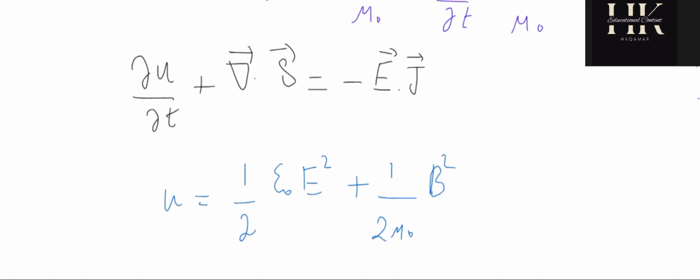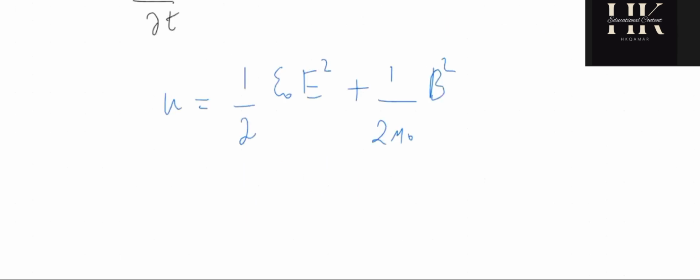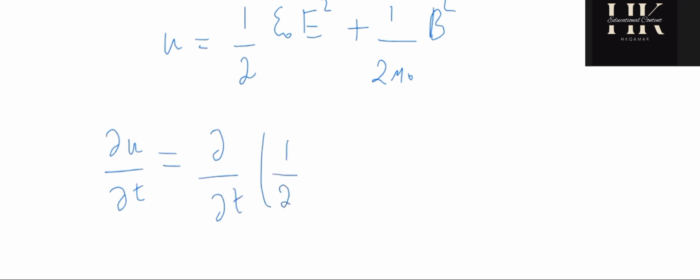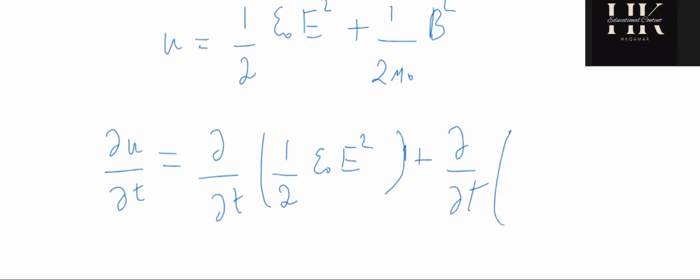The time derivative can be written as curly U by curly T is equal to curly by curly T of the first term, 1 by 2 epsilon naught E square, plus curly by curly T of the second term, 1 by 2 mu naught B square.